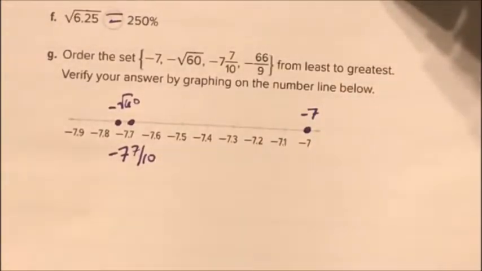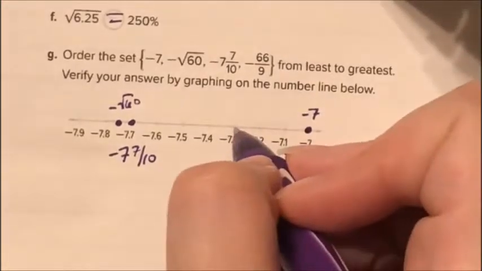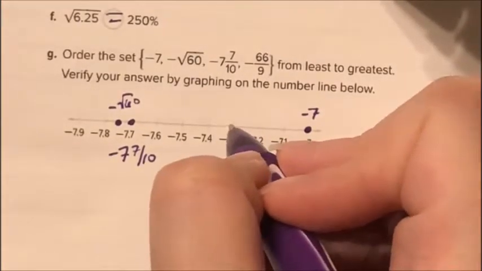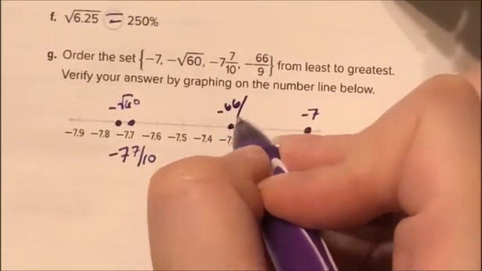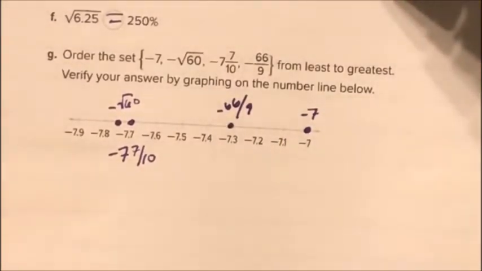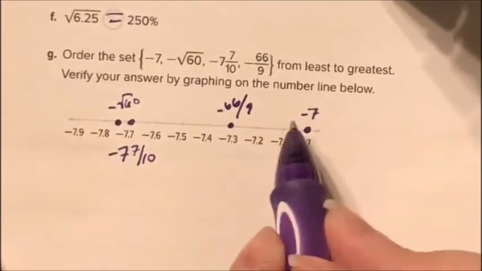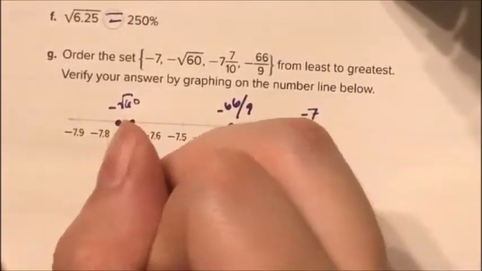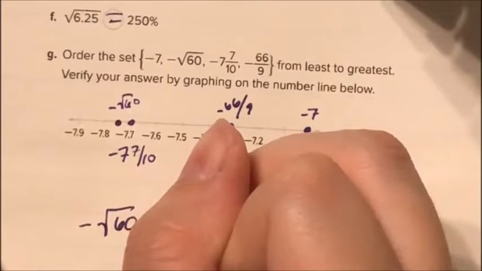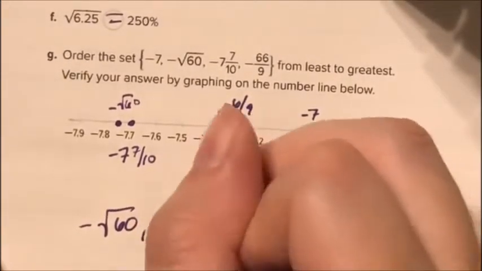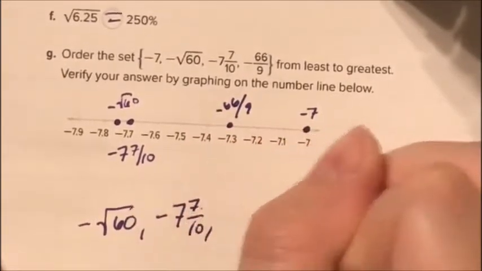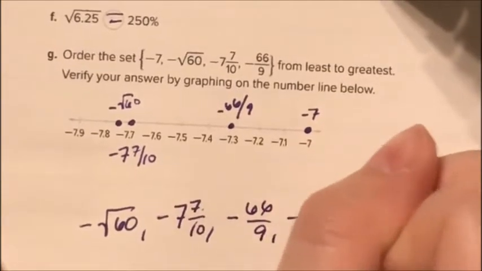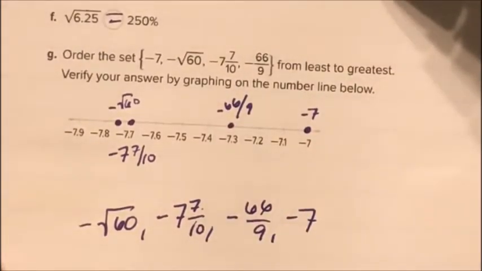And I had negative 66/9, which is negative 7.3 repeating. So that one's a little bit off that. Okay, so looking at this, I can tell my order is going to be, remember they asked us least to greatest, negative square root of 60, negative 7 and 7/10, negative 66/9, and then negative 7. And that is the end of lesson 10.